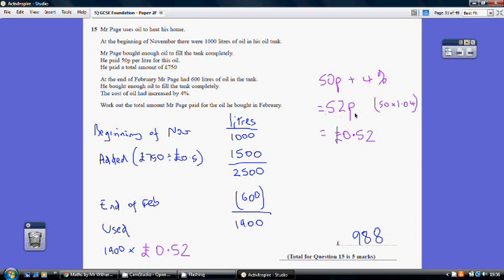Or another way of working out the 52p, 4% means we have a multiplier of 1.04. 50 times 1.04 is again 52p, or in other words 0.52 pounds. So he's having to buy another 1,900 litres to fill the tank up, costing 52p a litre. That's a total cost of £988.